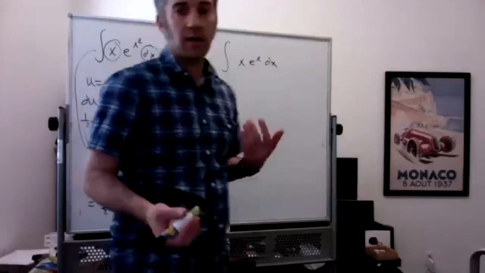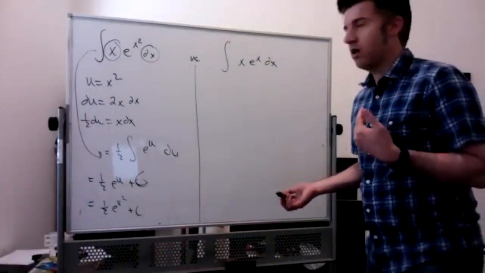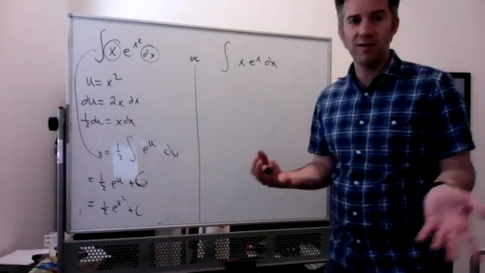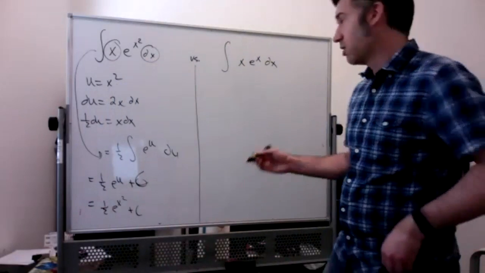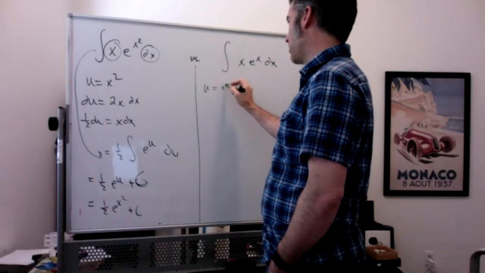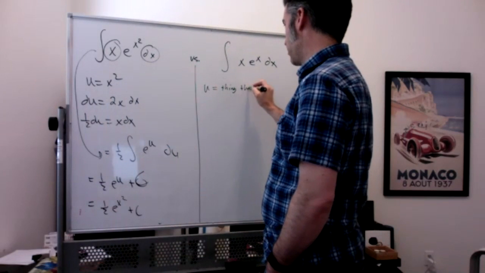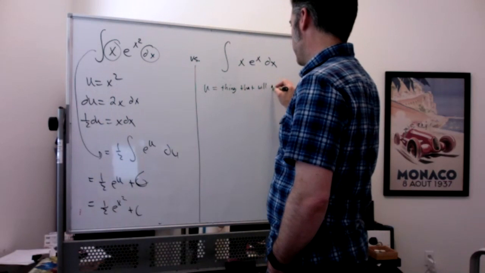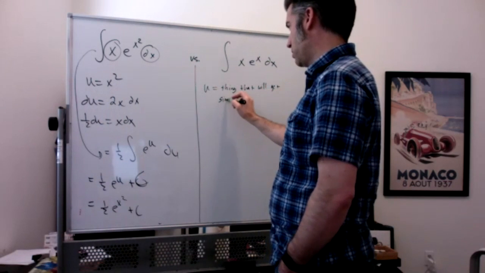There's a number of ways people talk about what to pick for u. You want to pick u to be the thing that will get simpler when you differentiate.